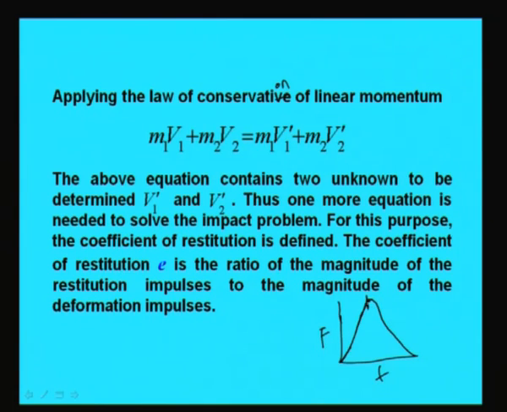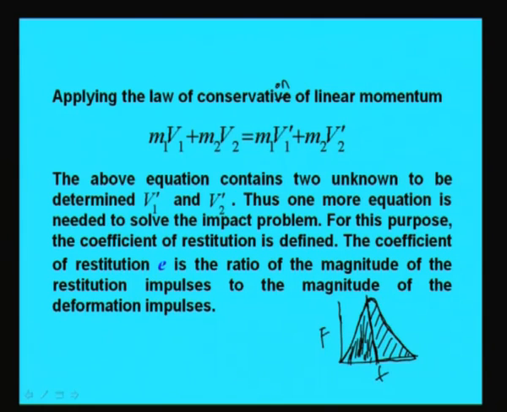If we take the area up to this point, that is F dt integrated, this will be called the deformation impulse. After that the restoration period is there. The area from here to here will be called the restitution impulse.